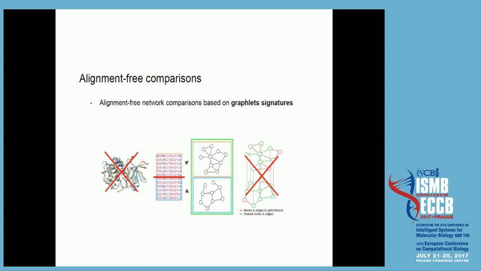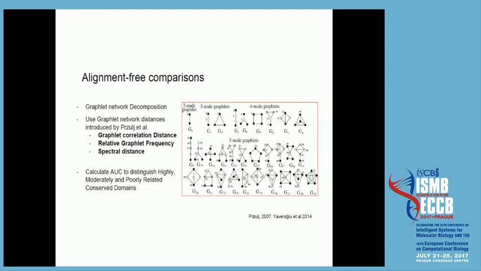So we wanted to do alignment-free comparisons. In such methods, you don't need the structure, you don't need to align the alignments, so you compare the networks alignment-free. That was based on the graphlet network decomposition that was introduced by Pržulj.